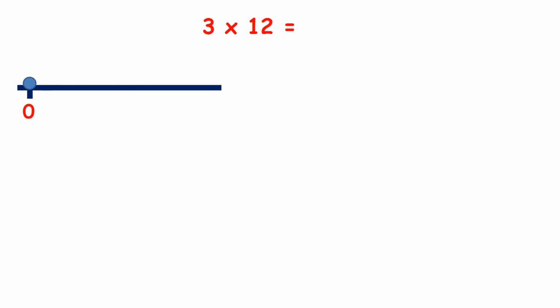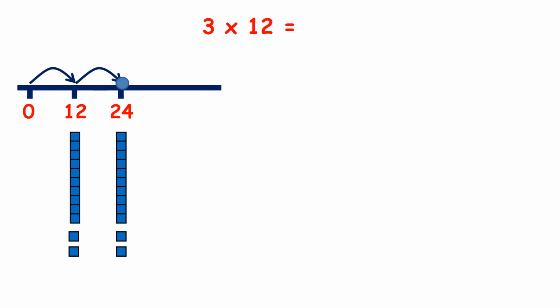Now pause the video if you need to and see if you can find 3 times 12. So if we count in steps of 12, 3 times, we have 12, 24, 36. So our answer is 36.